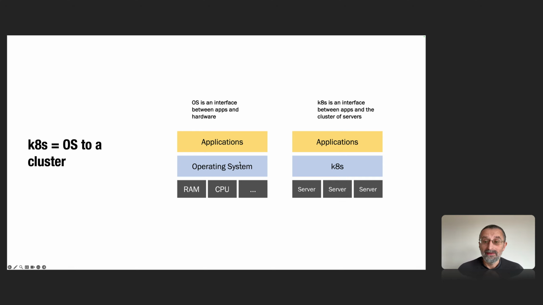So you may think about the Kubernetes as the same, but with servers here. So you have a request on running a given set of apps or given app somewhere. Yes.